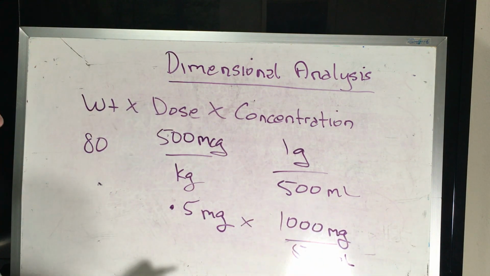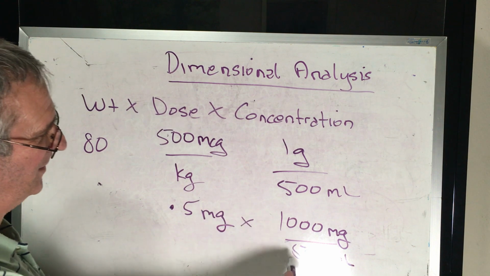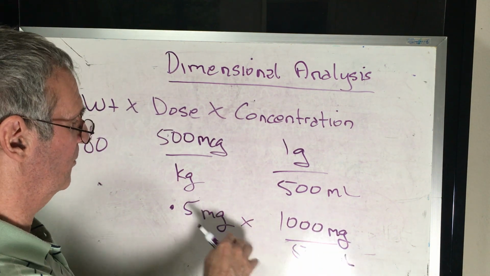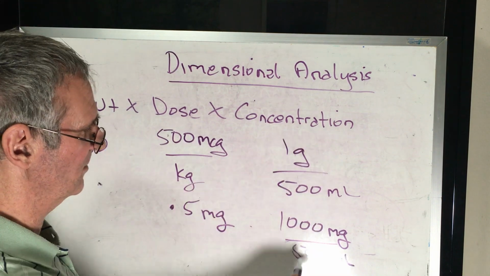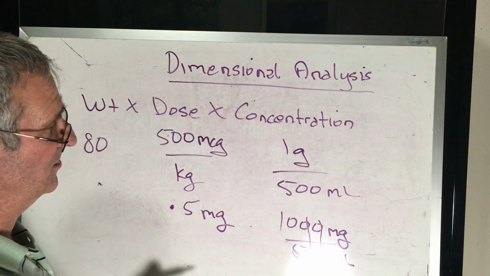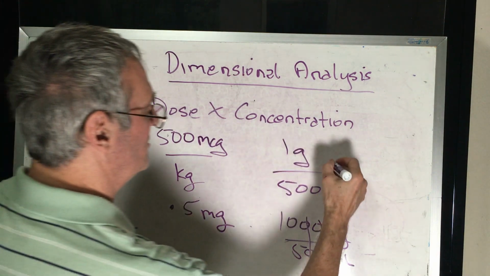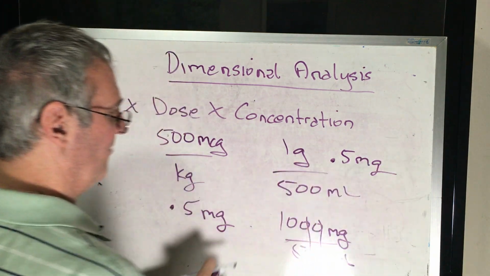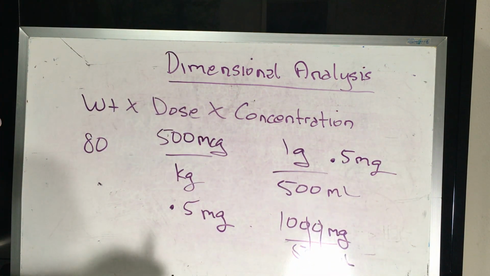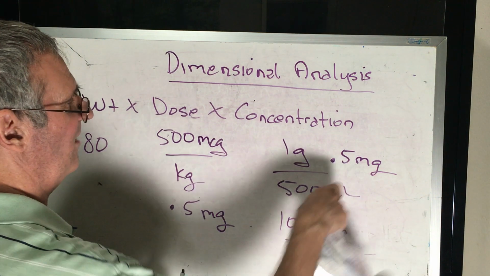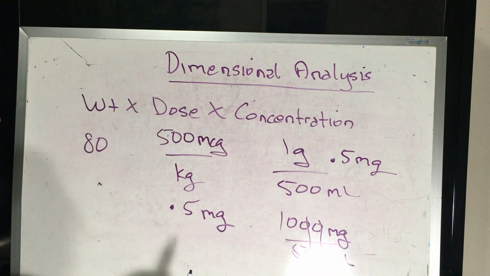Well, this is interesting because I can cancel a couple of zeros here. I've got 10 divided by 5, which again is 0.5. So this is going to be 0.5 milligrams per 500 milliliters. Or pardon me, per milliliter. 0.5 milligrams per milliliter.